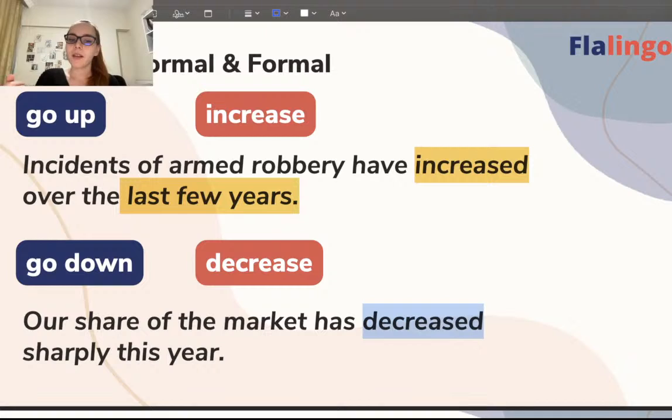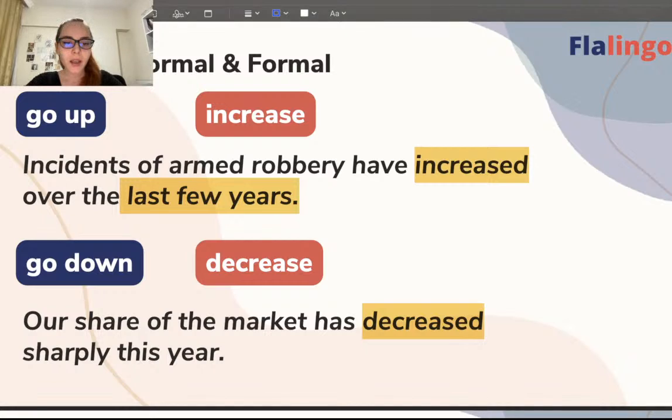We are using sharply because it wasn't expected. So it was a surprise this year, maybe. Decreased sharply this year. There is a great gap between last year and this year, so we can use sharply as an adverb in here as well. So let's highlight these as well.